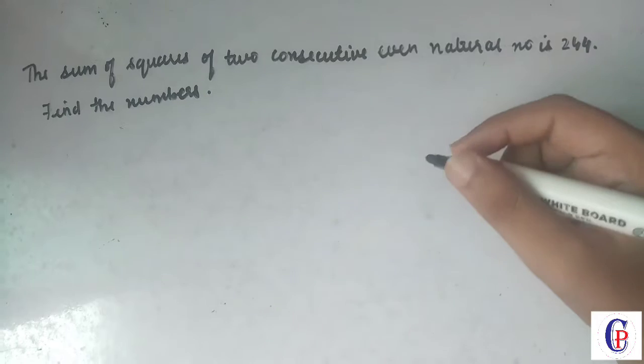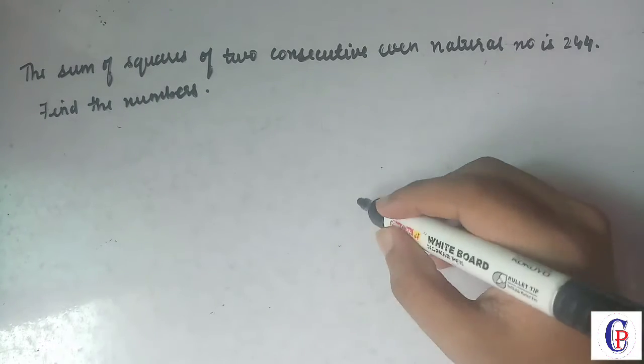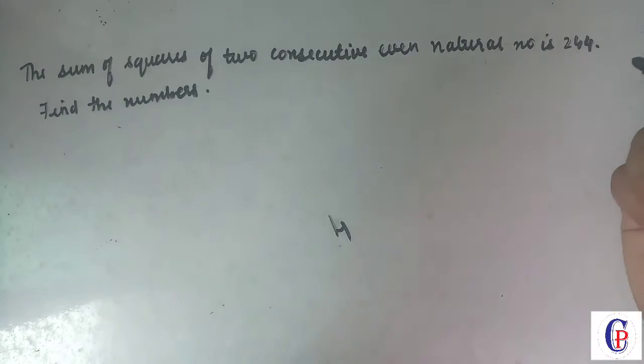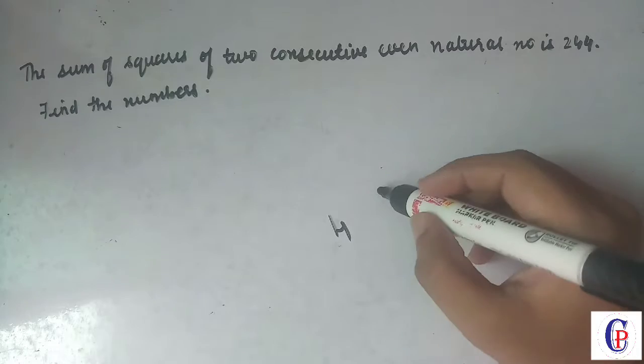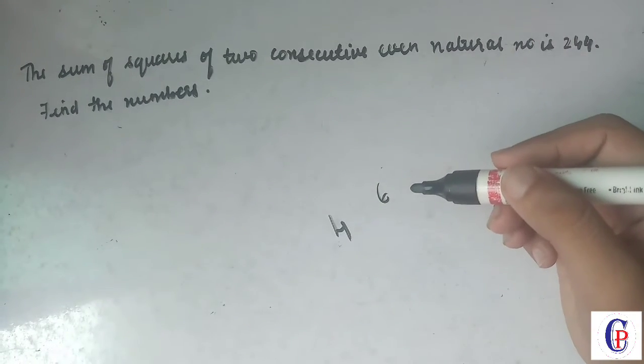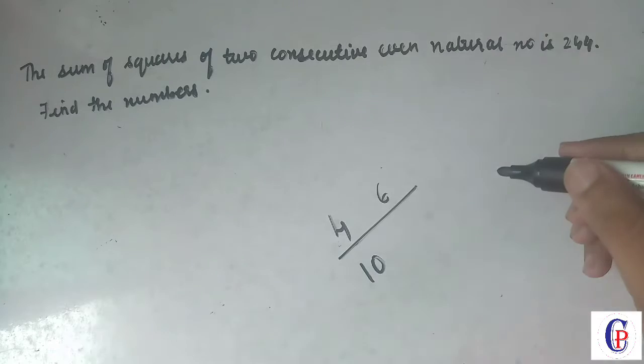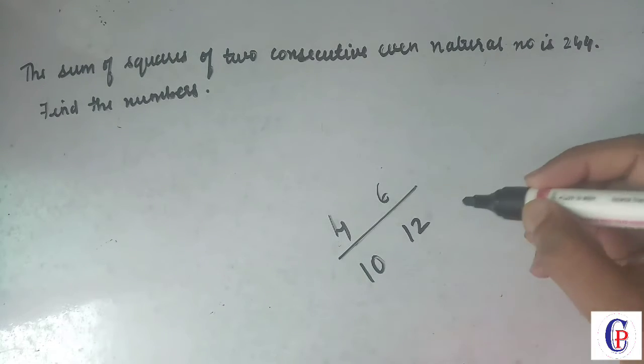Now what is the meaning of consecutive even natural numbers? Let us take a number 4. Which is the next? Consecutive means the immediate next. So the next even number after 4 is 6. Similarly, if we take number 10, the immediate next even number is 12.